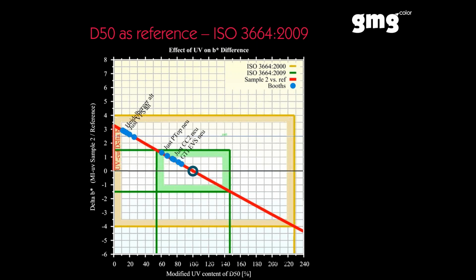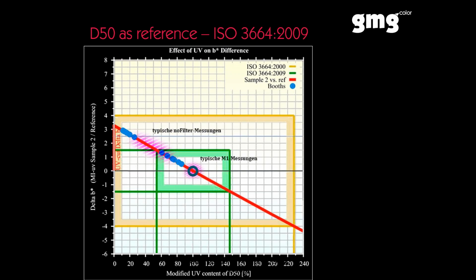These measurements were some of the first batches after the standard revision, so today's light bulbs are even closer, moving closer to D50, so to our actual norm light reference. So for comparison, we see, it's in German actually.